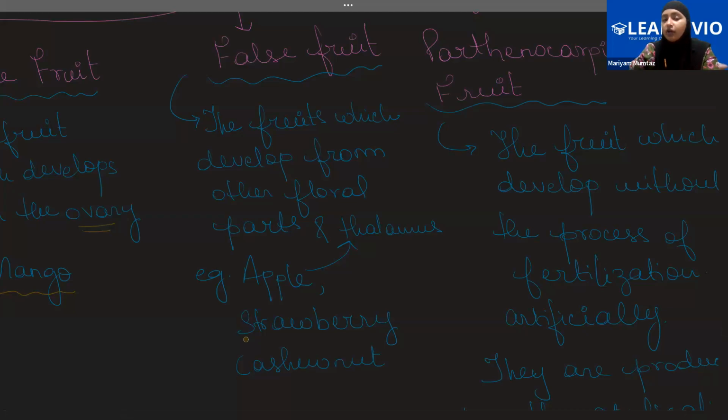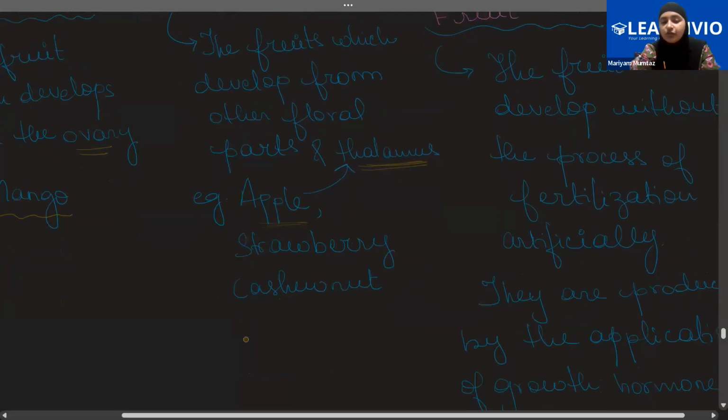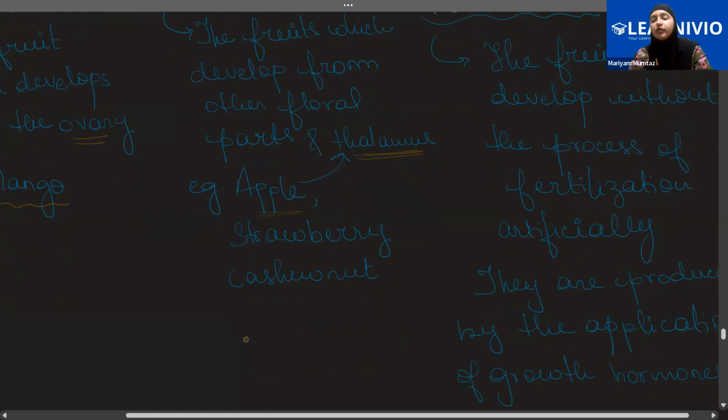For example, apple develops from the thalamus, the bulgy portion of the flower. So it does not develop from the ovary, it develops from the thalamus. Also strawberry and cashew nut all develop from other floral parts and not from the ovary.